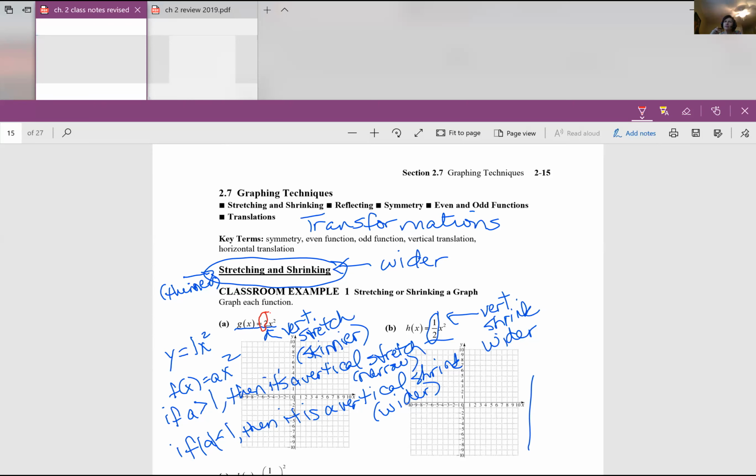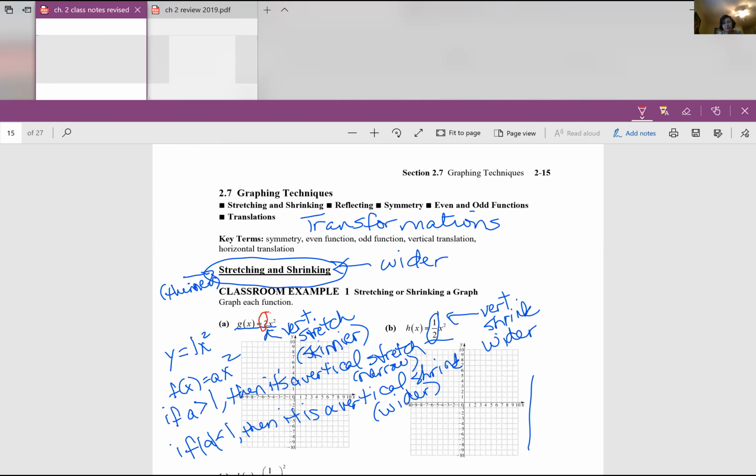If the number is between 0 and 1, what does it do to the graph? Make it wide. Yeah, it's kind of like a trash compactor. If you think about this, as it pushes down this way, it's got to go somewhere, so it's going to go out wider. So you're going to pay attention to what number shows up right after the equal sign, and that's going to tell you about vertical stretch, vertical shrink.